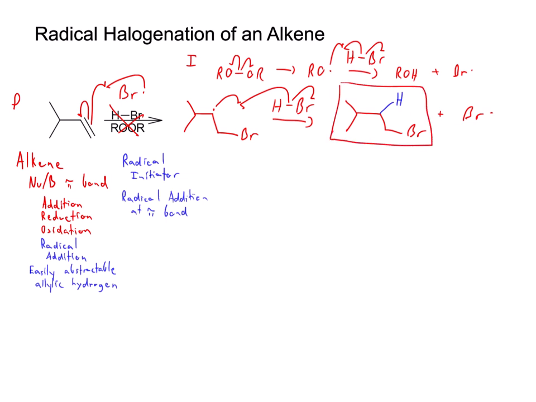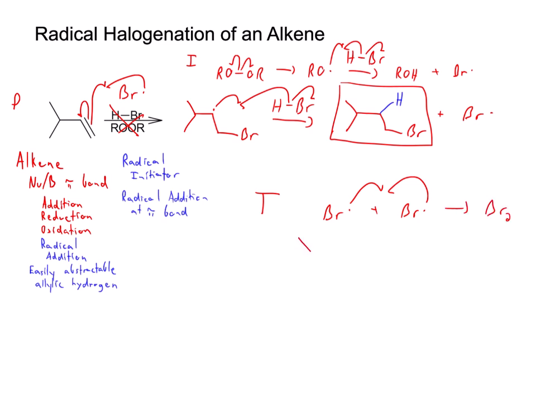Now, if you're asked to draw the entire mechanism, including initiation, propagation, and termination, we should draw a termination step. And there are several that we can choose from. Again, you just pick any radicals at all, 2 of them coming together. So we have plenty of possibilities. We can have a bromine radical with a bromine radical again. That, of course, is going to give us a Br2.